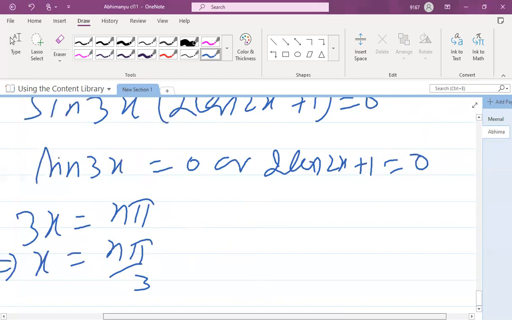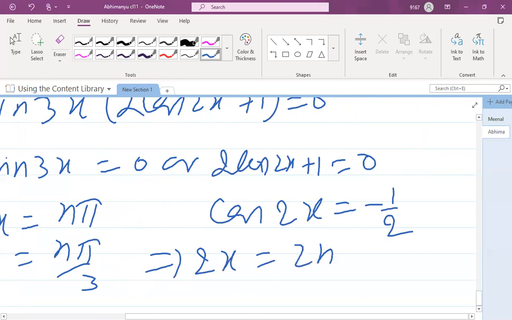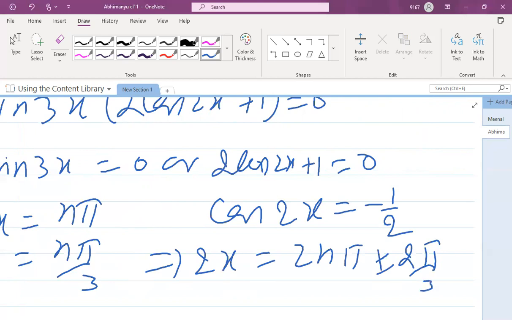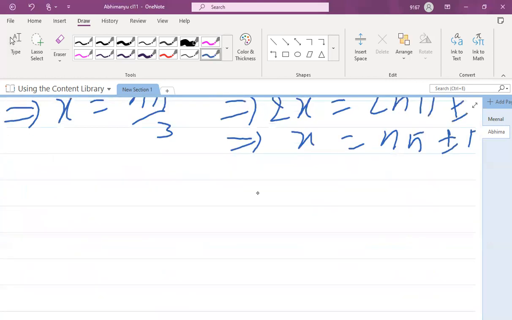From here cos 2x equals to negative 1 by 2, which is cos 2 pi by 3. So 2x equals to 2n pi plus minus 2 pi by 3. So x equals to n pi plus minus pi by 3. So these two are the answers. N belongs to Z and n belongs to Z. So these two are the answers.